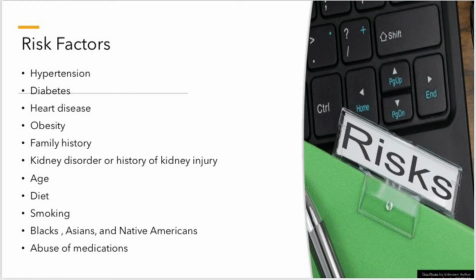Another risk factor could be a family history of having a kidney disorder or acute kidney injury, such as polycystic disease, or a history of kidney injury, whether it could be pre-renal, renal, or post-renal, some kind of kidney stone that's blocking urinary elimination. Age, of course. As we age, automatically our kidneys start to decline in function, as early as the age of 30.